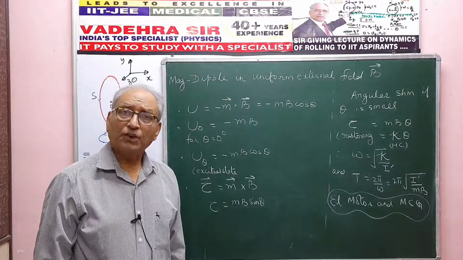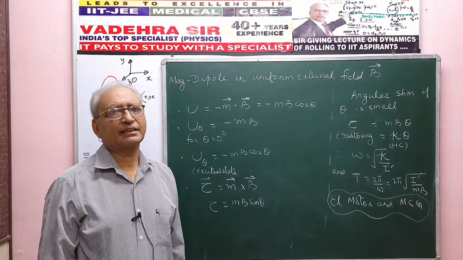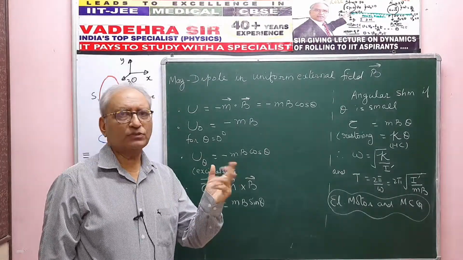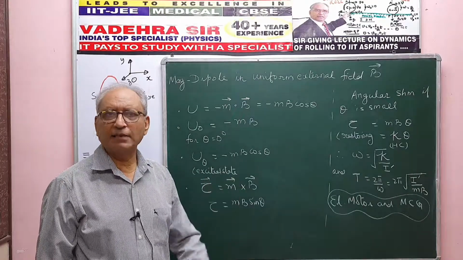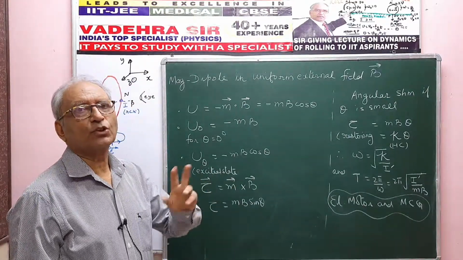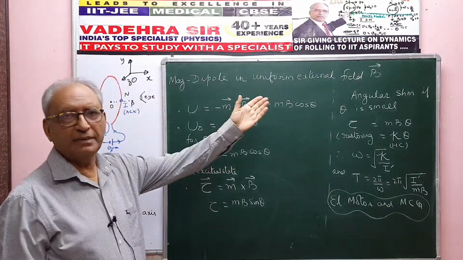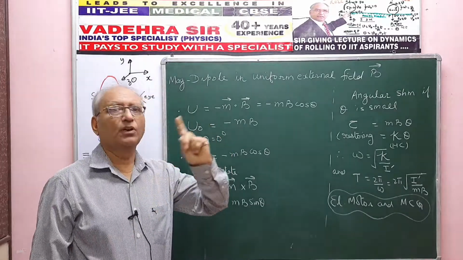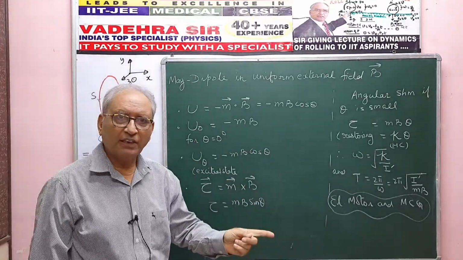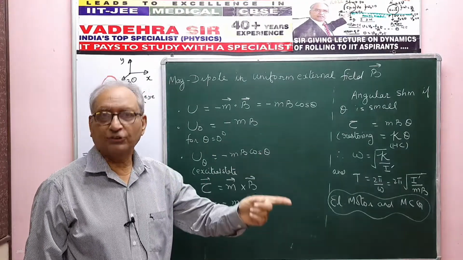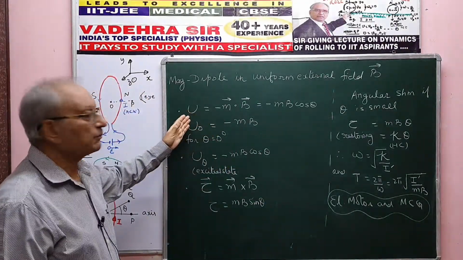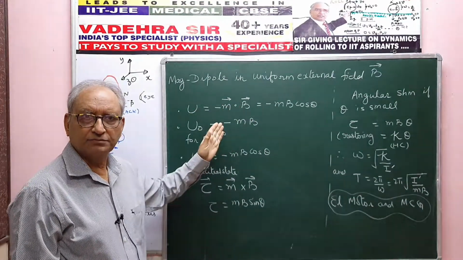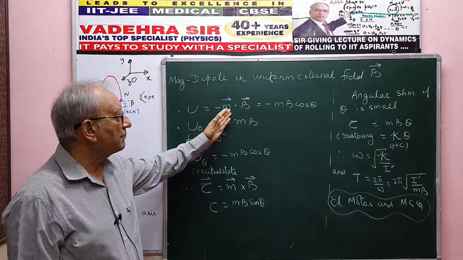Okay, let us now try to understand the behavior of the magnetic dipole in an external uniform magnetic field. Suppose the current carrying coil or the magnetic dipole is placed in an external uniform magnetic field of strength B arrow. Then just like the electric dipole, the magnetic dipole would also have magnetic potential energy. It will also experience a torque. Let us see. The magnetic potential energy possessed by the dipole within the external magnetic field B arrow is minus M arrow dot B arrow.